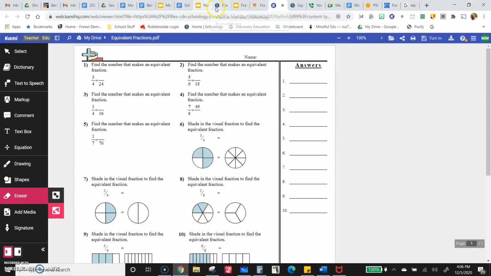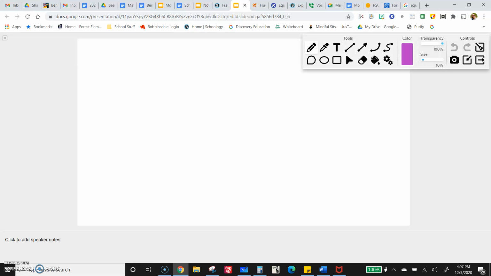Sorry, I'm actually going to go back to here because my pen works. Anyway, so if I have 3/10 equals some number of 60ths. Sometimes the denominators get big.